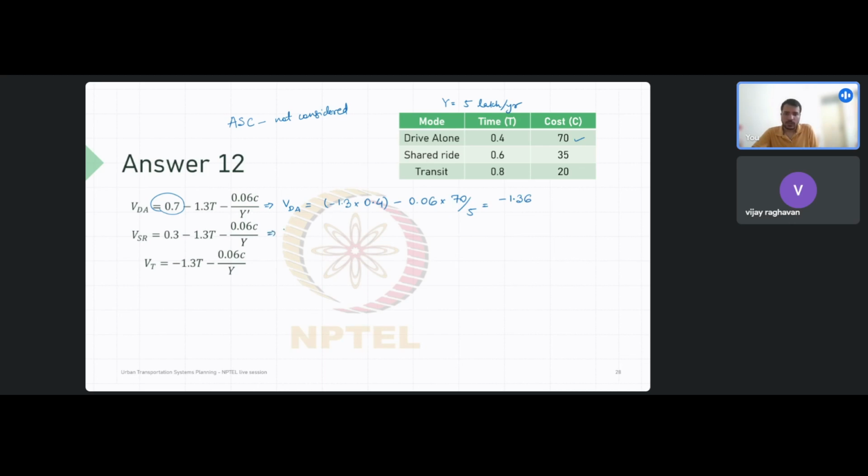Let's do for shared ride VSR. So we will remove 0.3. Minus 1.3 into time 0.6, minus 0.06 cost 35 for shared ride, income is fixed 5. Minus 1.2.